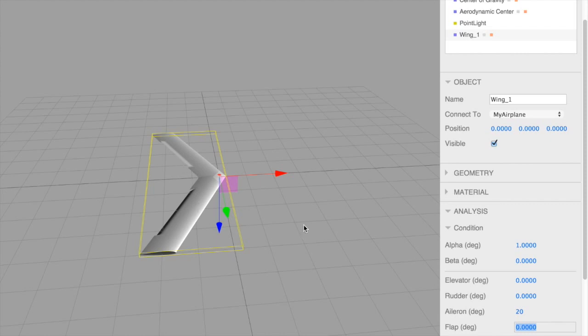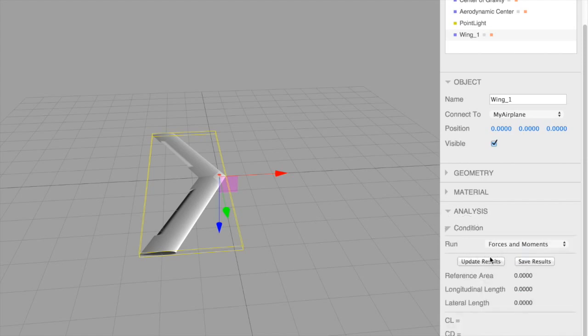Now, conventional flap deflections are generally positive when a flap or a control surface is deflected down. So you see that with positive aileron deflection, the flap on the right hand side is deflected down, and on the left hand side is deflected up.